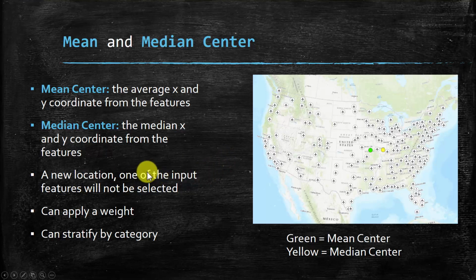Similar to the central feature tool, you can apply weights, and you can also get mean or median centers by category, so not just for the entire data set. So different ways to do it. This is, again, not going to be one of the features in the data set, whereas the central feature would be one of the features.